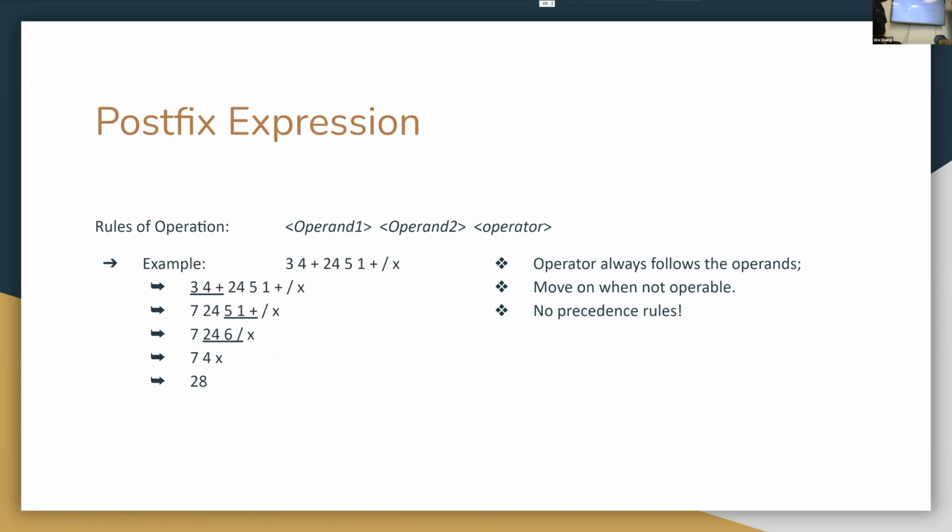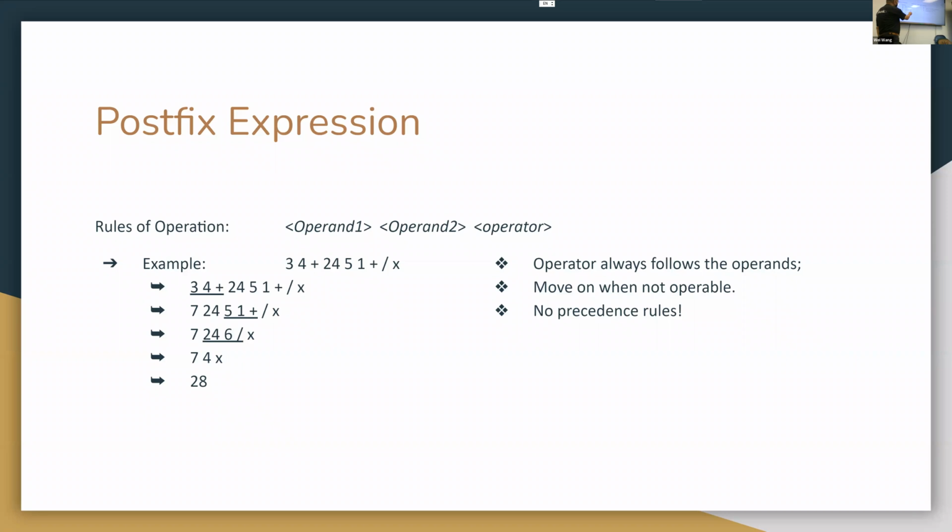This example is the same as the prefix one earlier. But we basically have operands and then operator. So in here, we have 2 operands and 1 operator, and then we can evaluate that to 7.